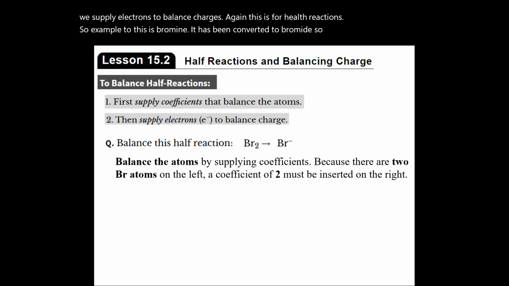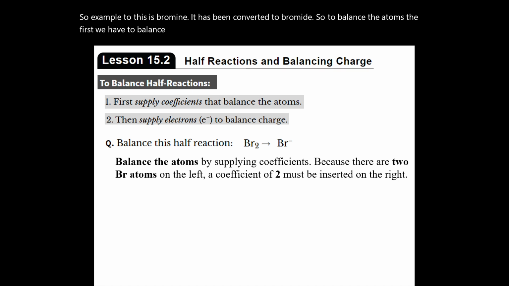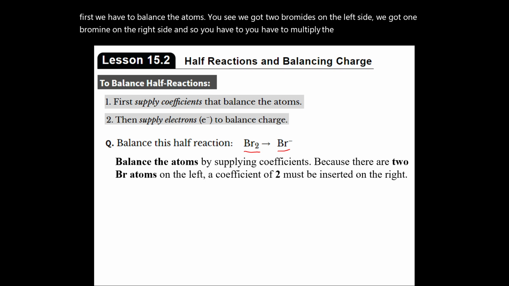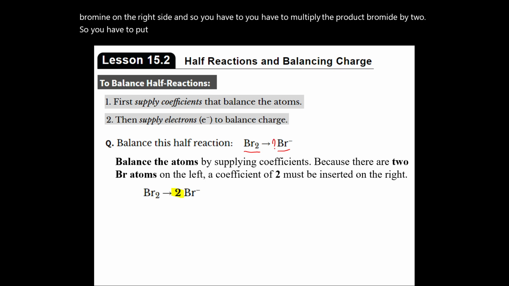First we have to balance the atoms. You see we got 2 bromines on the left side, we got 1 bromine on the right side, and so you have to multiply the product bromide by 2. So you have to put 2 in front of this bromide. Now you got 2 bromines on both sides, regardless of the charge.